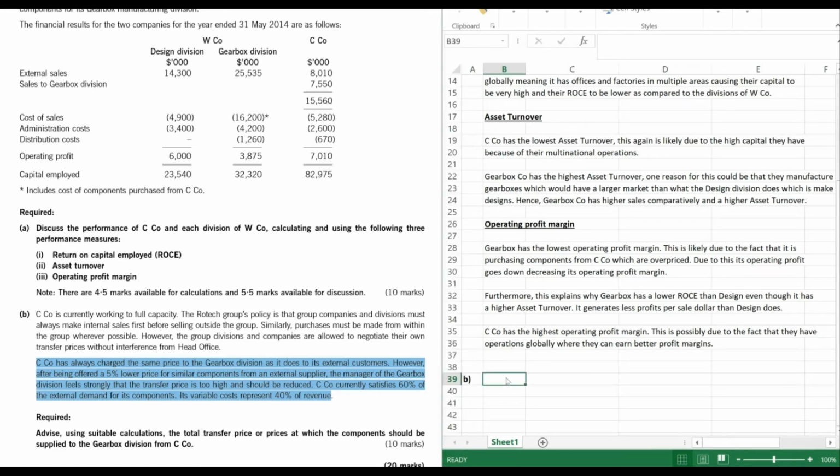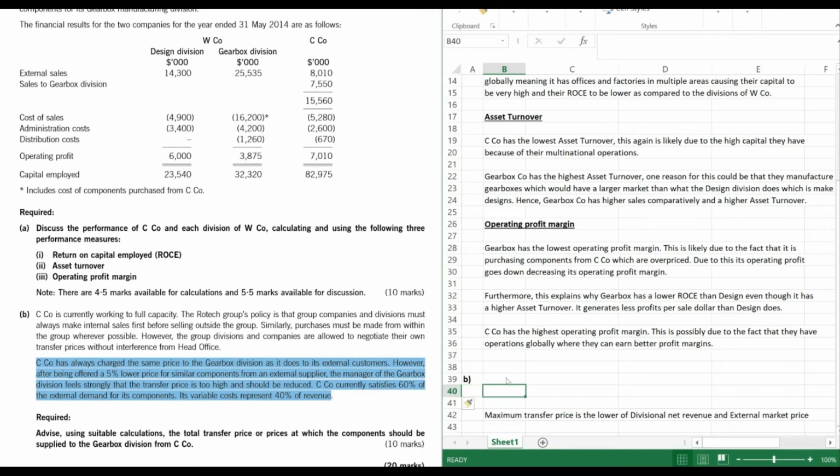So we'll say maximum transfer price is the lower of divisional net revenue and external market price. Okay, let's just give a heading before that so that we have some presentation here, right?